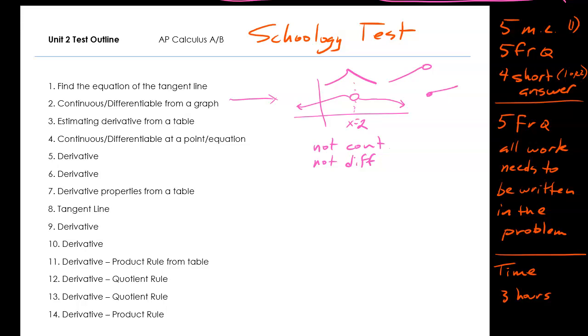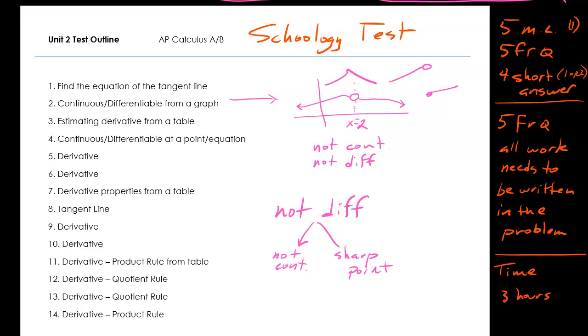So not differentiable pretty much boils down to two different things. It's either not continuous, or it's a sharp point. Because to be not differentiable, it has to have a different slope on the left and the right.